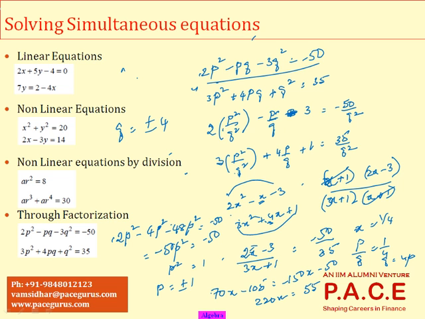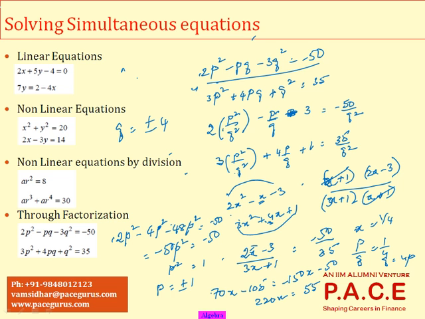So this is one more way of solving. But if the answers are directly given without any complication in the question, you can directly substitute your answers and try out the calculations. If the question asks to find p plus q or find 2p plus 3q, when those kinds of questions are there, there is no other alternative. You have to solve first, find the values of p and q, and then simplify.